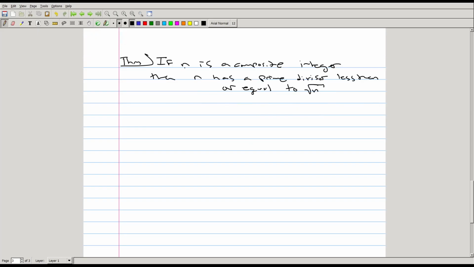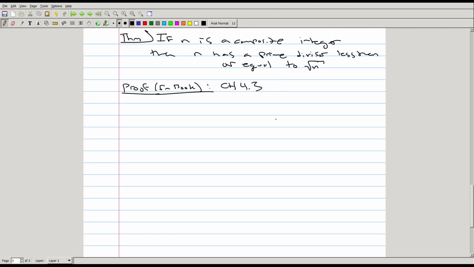It just gives us a relationship between a composite integer n and its prime divisors. So the proof of this is in the book, in chapter 4.3.